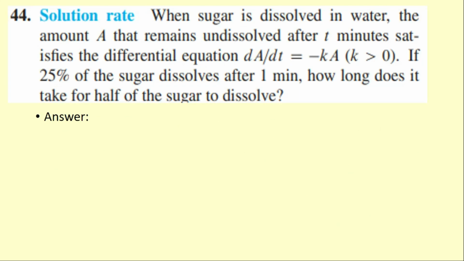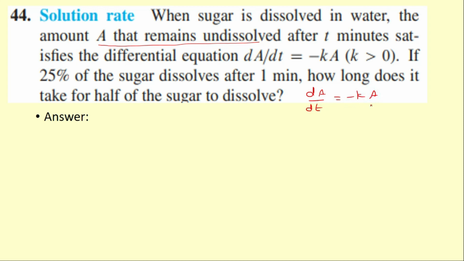This is problem number 44. When sugar is dissolved in water, the amount A that remains undissolved after t minutes satisfies the differential equation dA over dt equals negative kA.